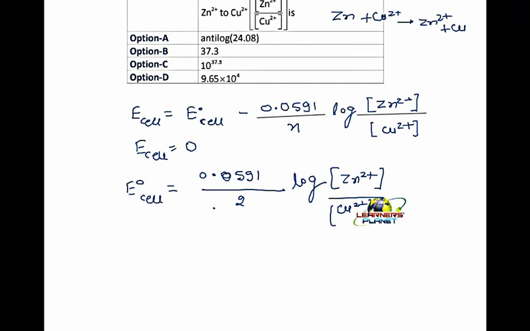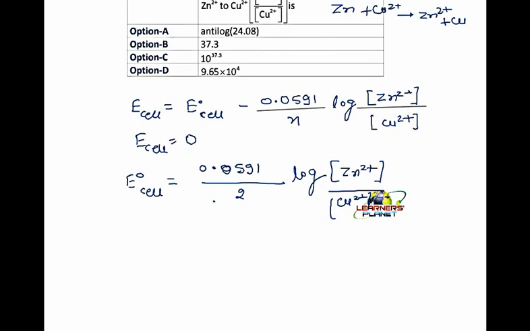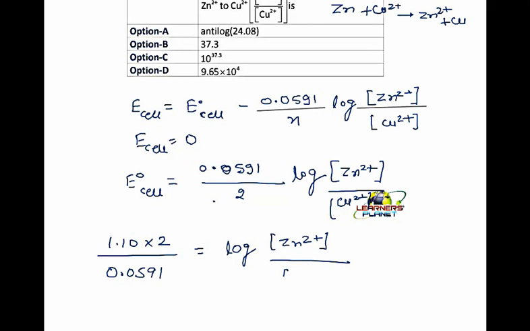Right? Now your E naught cell is given as 1.10 volts, right? So this would be 1.10 into 2 divided by 0.0591 is equal to log of Zn2 plus upon Cu2 plus, right?